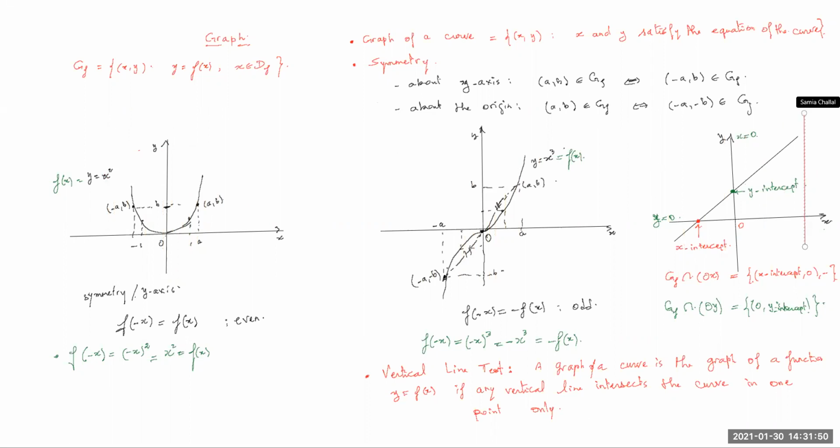Now, suppose I'm given a graph like this one. Let's graph one here. What about this graph? Can I say it's a graph of a function or not?